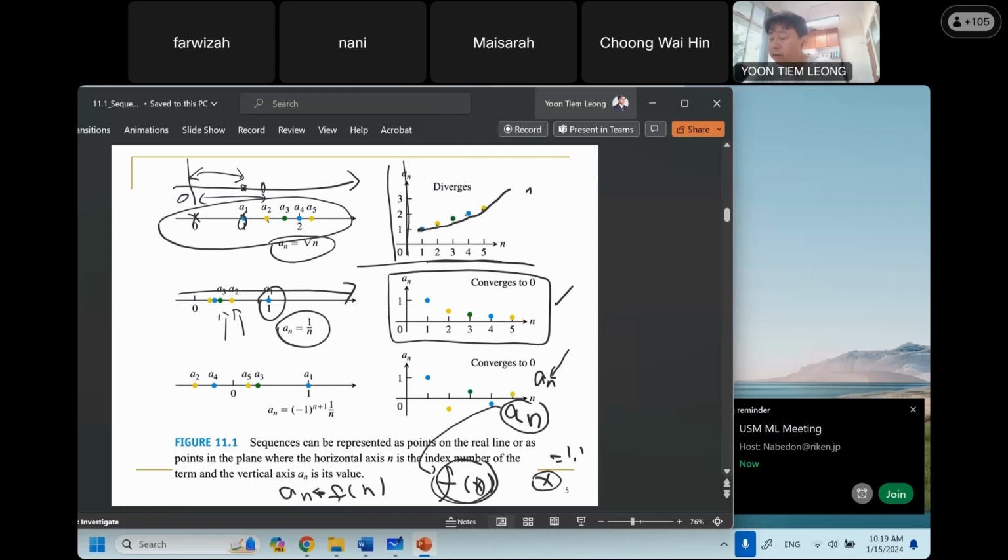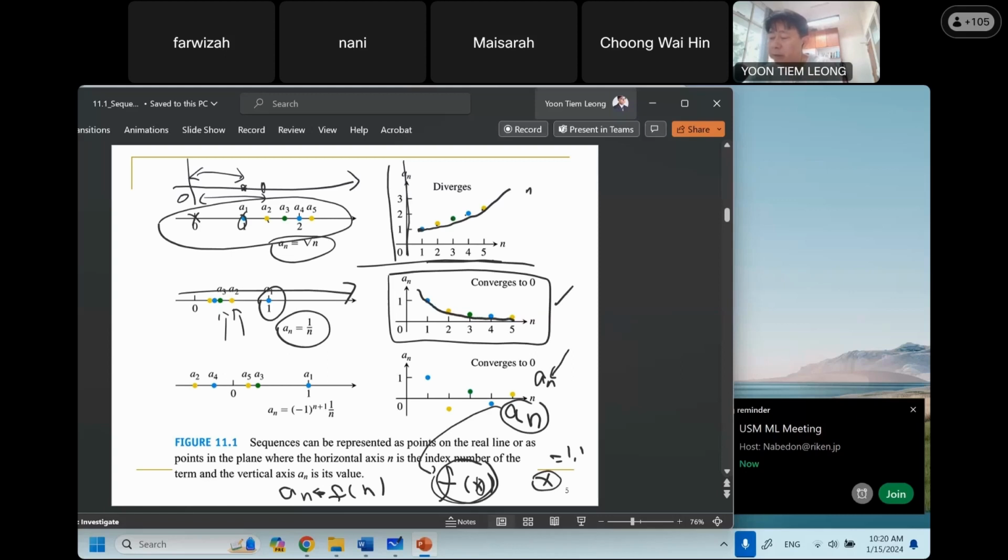So from the graph of the sequence, you can roughly develop a feeling whether the sequence will converge or will diverge. So for example, you look at the sequence a1, it will actually get smaller and smaller as n gets larger.